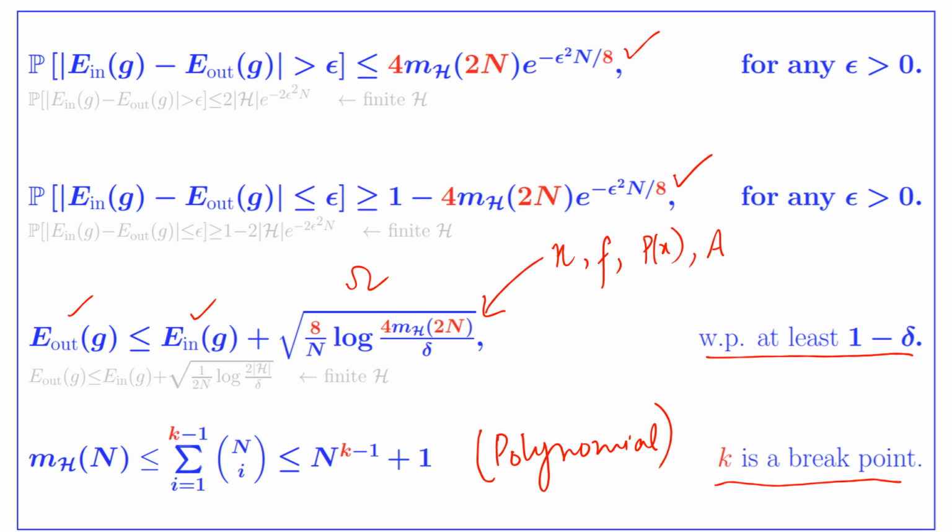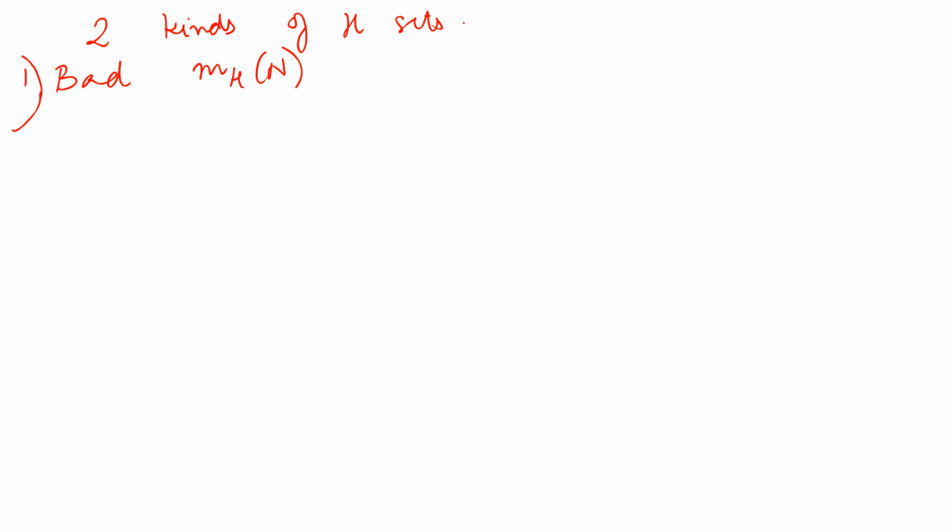Okay, so what we really looked at is that there are two kinds of hypothesis sets. The first ones were the bad ones. If you remember, the bad ones were where all of them could be implemented, so m sub h of n was exactly equal to 2 to the n for all n greater than or equal to 1. Why was this bad?